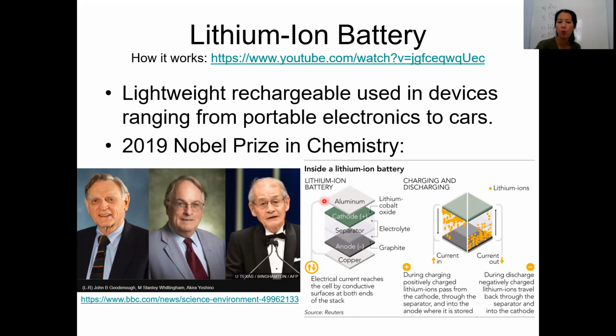And you have a wire where you can have the electron flow and a current generating. Okay, so I won't go into the charging and discharging, but there's a really cool YouTube video that's not very long and is just really fun to watch to help you understand how your lithium ion battery works and how it recharges, why you do need to plug it back into the wall.